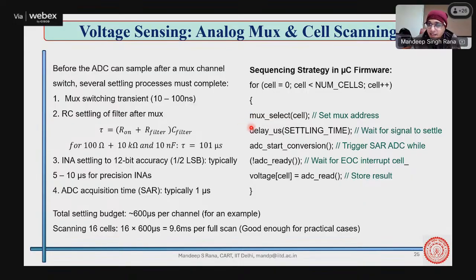Then there is a delay given by us to let the thing settle, then a conversion should start, and once we get that conversion signal that the conversion has happened, we read it and store it somewhere within the data transfer unit. So there will be buffer registers within our system.